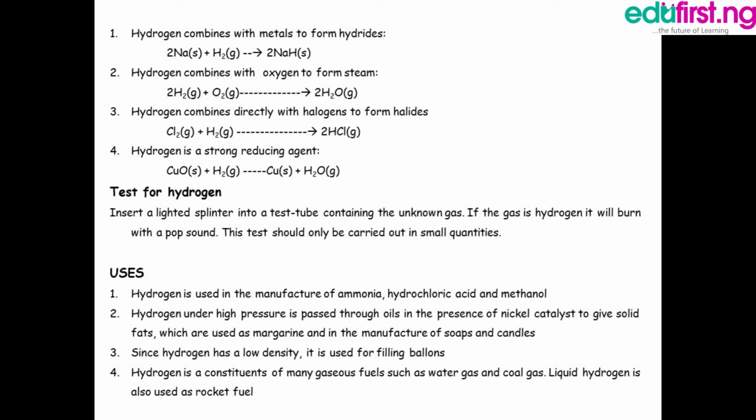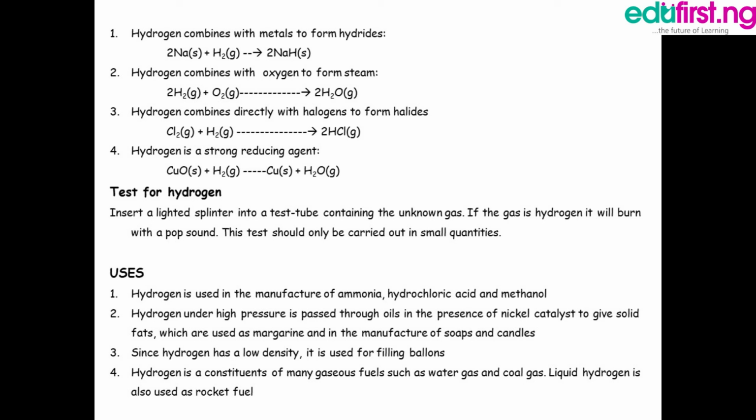Since hydrogen has a low density, it is used for filling balloons. Also, hydrogen is a constituent of many gaseous fuels such as water gas and coal gas. Liquid hydrogen is also used as rocket fuel.